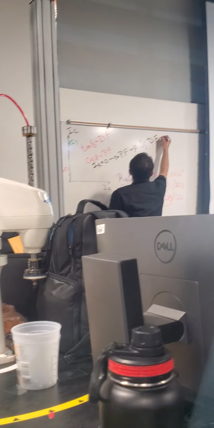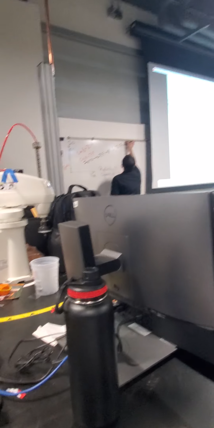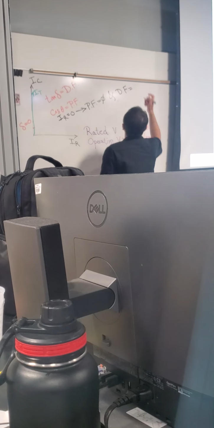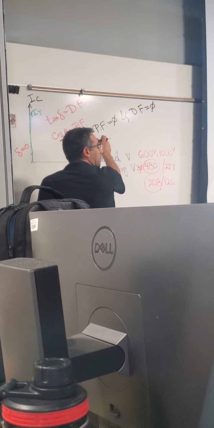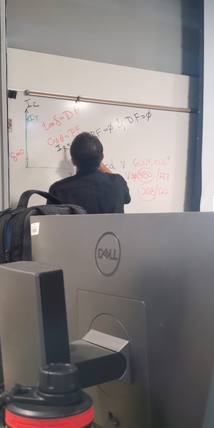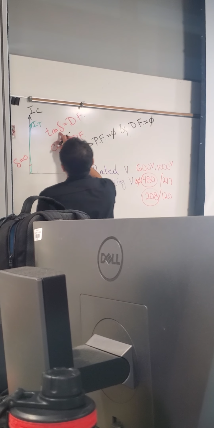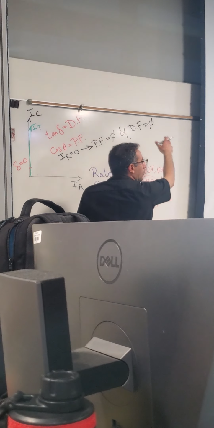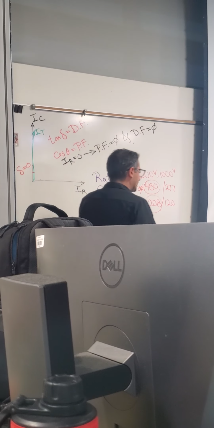So dissipation factor will also be zero. So if I have a perfect insulation, the power factor, cosine of theta, is going to be zero, and dissipation factor, which is tangent of delta, will also be zero. But realistically, we know that's not the case.